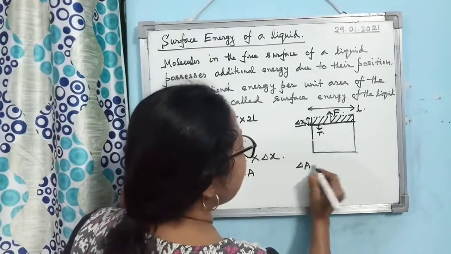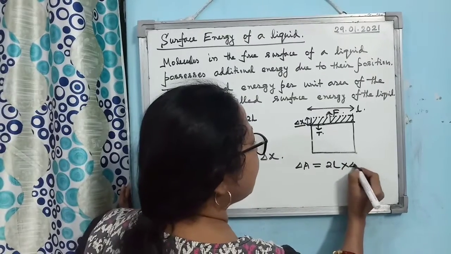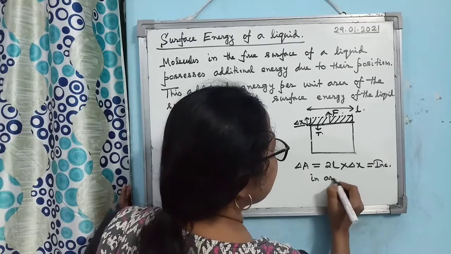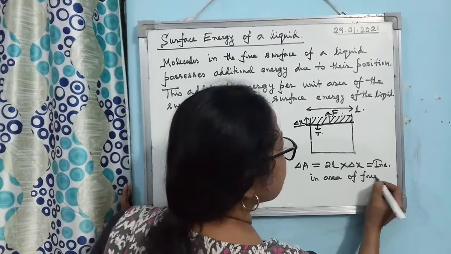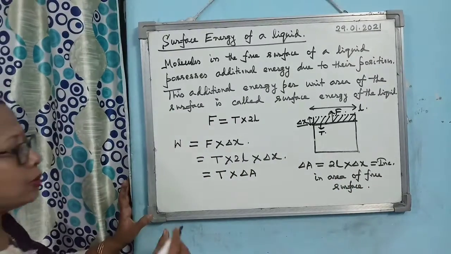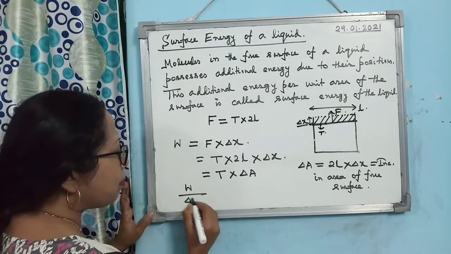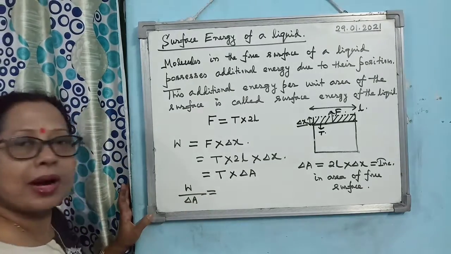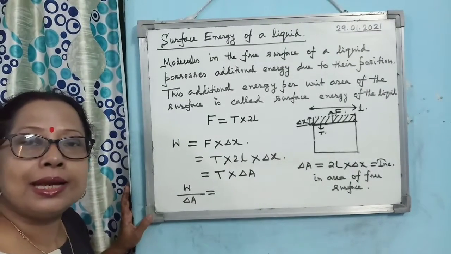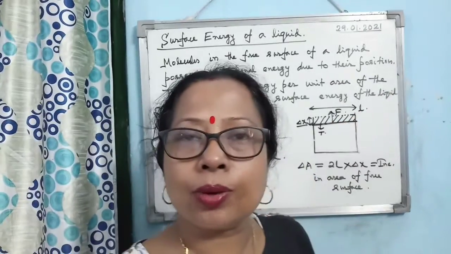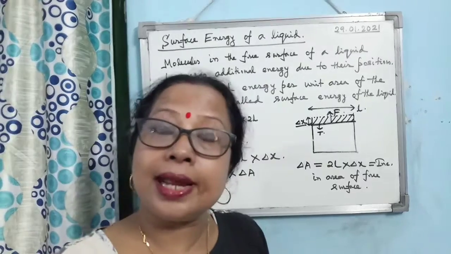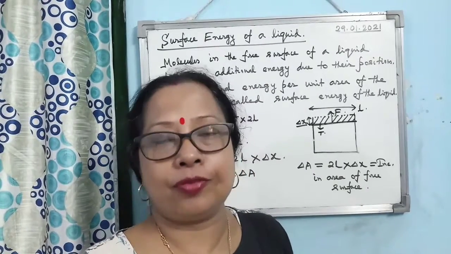So what is delta A? Delta A is 2L into delta x. It means this is the increase in area of free surface. So you have increased the free surface by an amount delta A. So you see, what is the work done per unit area? Work done per unit area is the additional energy, because you know where the molecules on the upper surface are getting the additional energy from: the liquid is doing a certain amount of work to maintain its position on the free surface, isn't it?